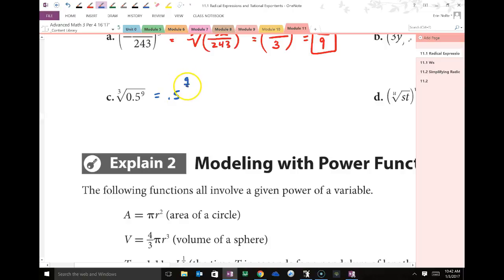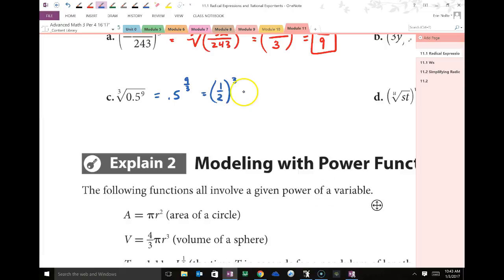So can I go now and say that 0.5 is equivalent to 1/2? And I'm going to put this in parentheses because now I'm working with a fraction. 9/3 reduces to 3. Okay, so now I have a fraction with an exponent. So now I'm just going to do 1 to the 3rd power and 2 to the 3rd power.